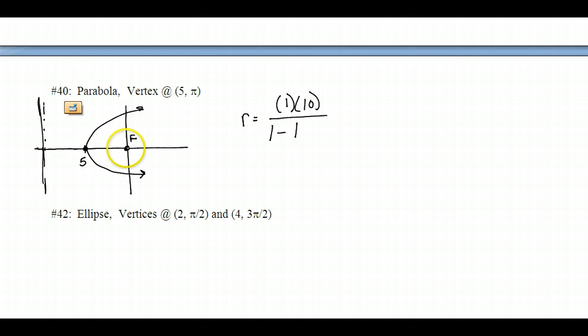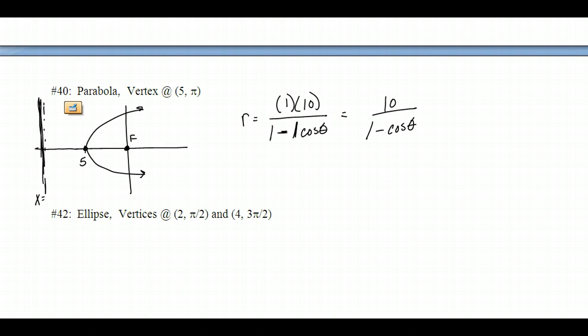It's minus because our directrix is to the left. So it's 1 minus, now in this situation, eccentricity is 1, and now because I have a vertical line, x equals, and x represents cosine, so that's cosine theta. And that gives us 10 divided by 1 minus cosine theta.